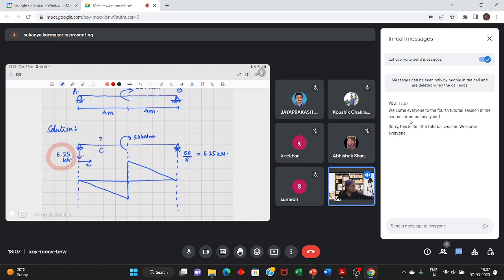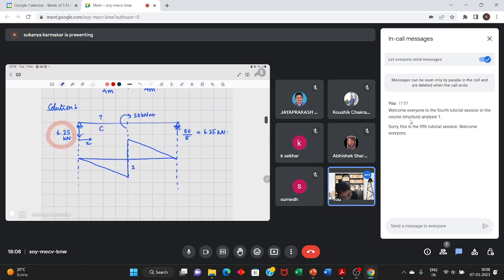It will be 6.25 times 4, so it will be 25 kilonewton meter. So here the value is 25, and even here the value is 25. This being a negative sign, this being a positive value.